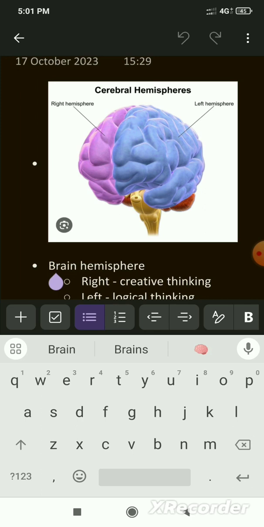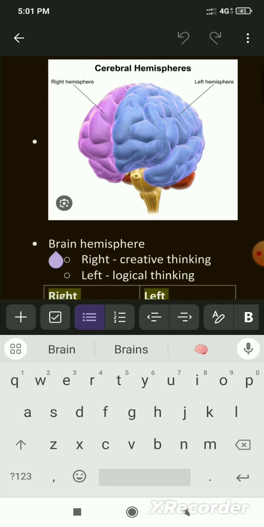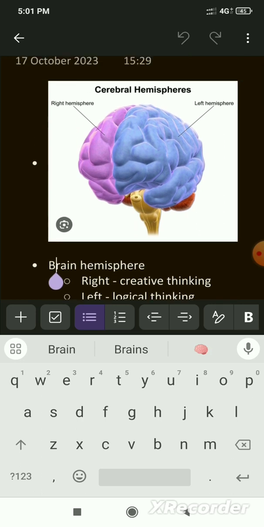Some persons are known as left dominant and some as right dominant. These refer to which hemisphere is dominant in our brain. And here you can see the image.